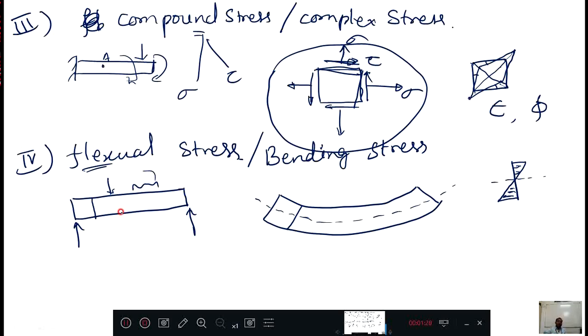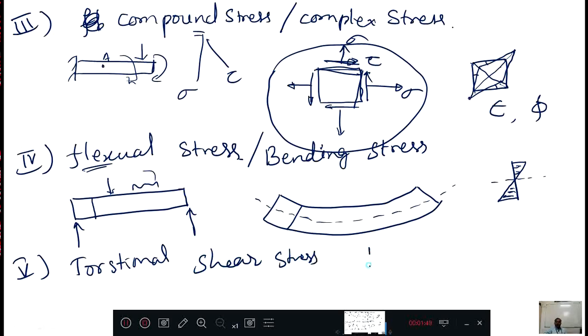And the last type of stress is torsional shear stress. Say some shaft is there here, and this shaft is rotated this way, keeping this axis constant and straight, and I rotate this one.